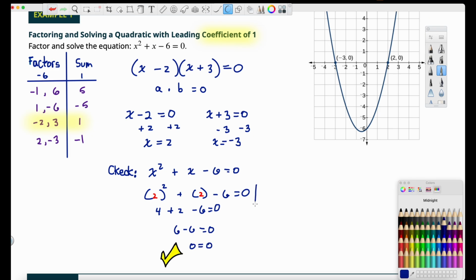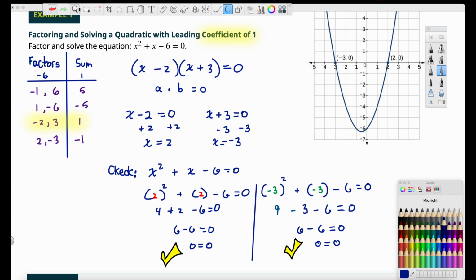All right, let's check our other solution of -3. -3 squared is 9, minus 3, minus 6 equals 0. 9 minus 3 is 6. 6 minus 6 is 0. That works.